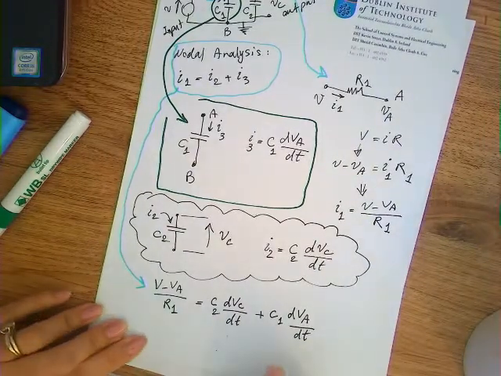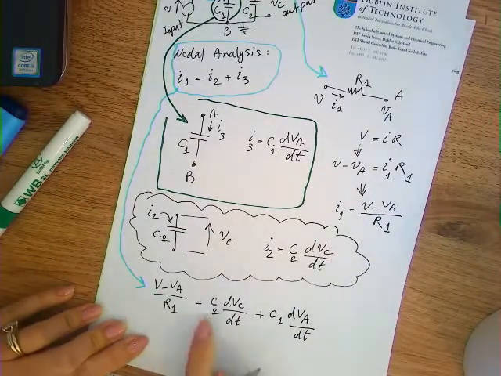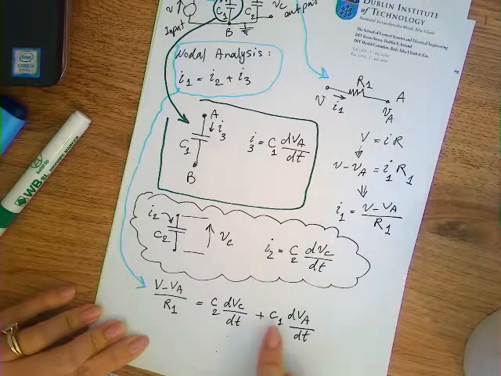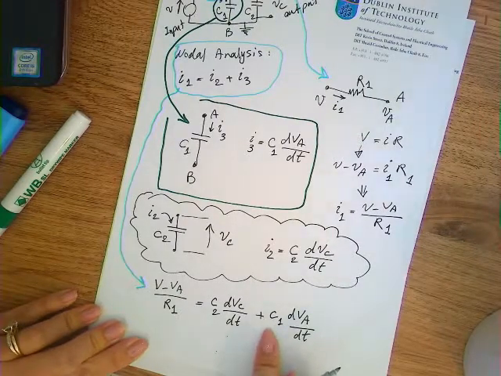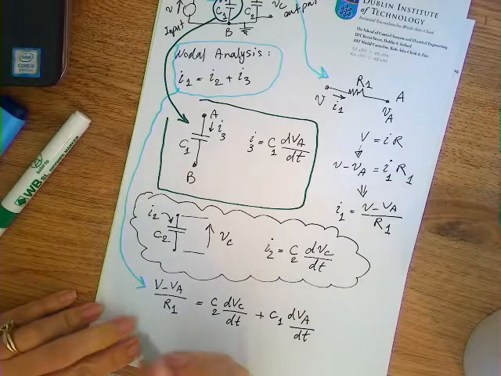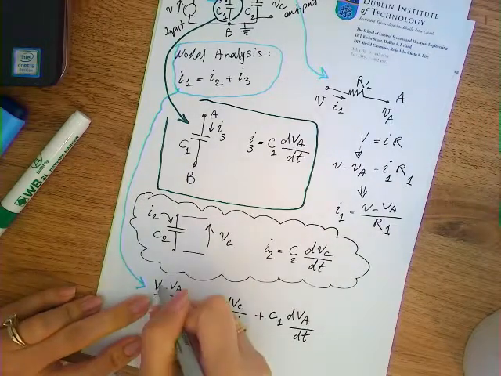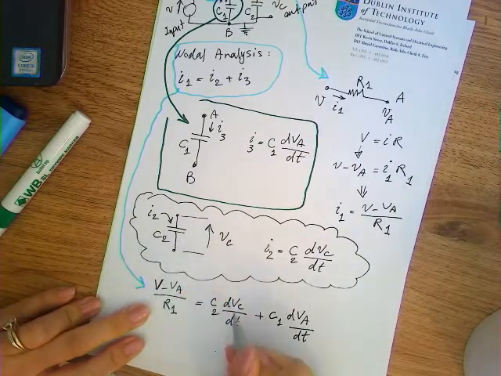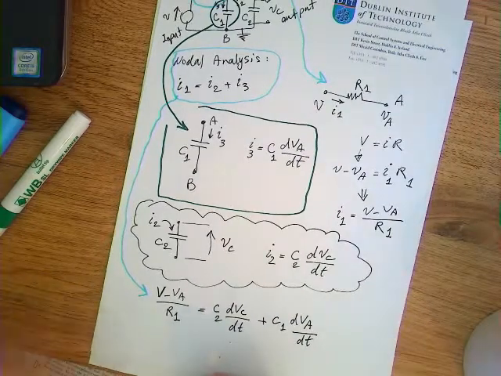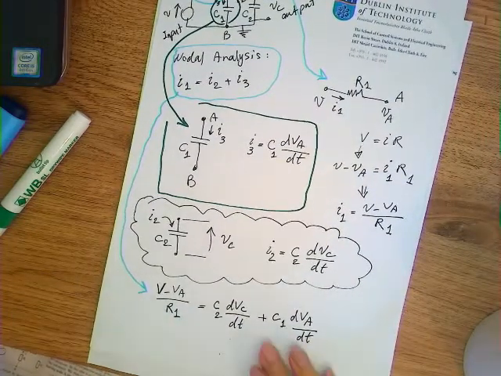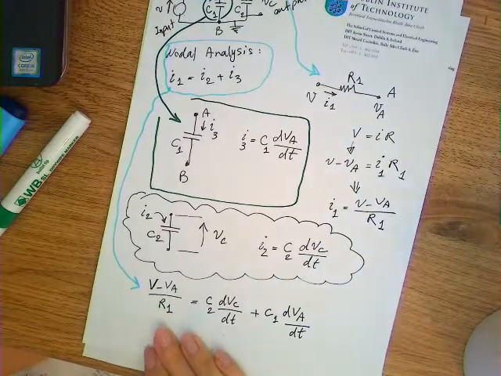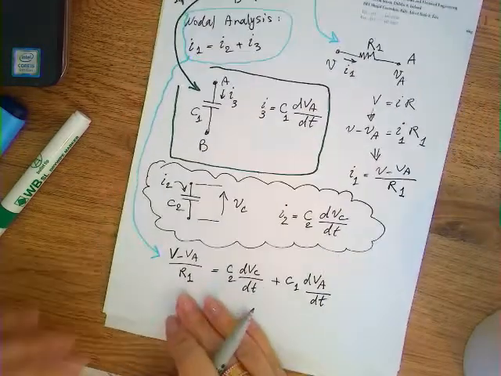Now, please note that R1, C2, C1 are constant. So what might change is our input V, VA, VC.